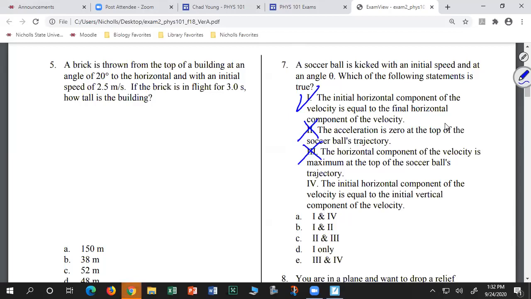And then the initial horizontal component is equal to the initial vertical component. Is that true? Not necessarily. It's possible. There is one angle where those 2 are equal. What is that angle? It's 45 degrees, right? If the angle is 45 degrees, those 2 x and y components are the same. So here D is the right answer.